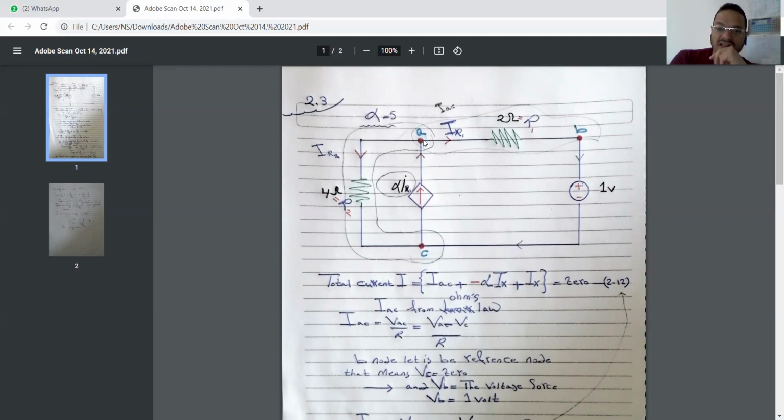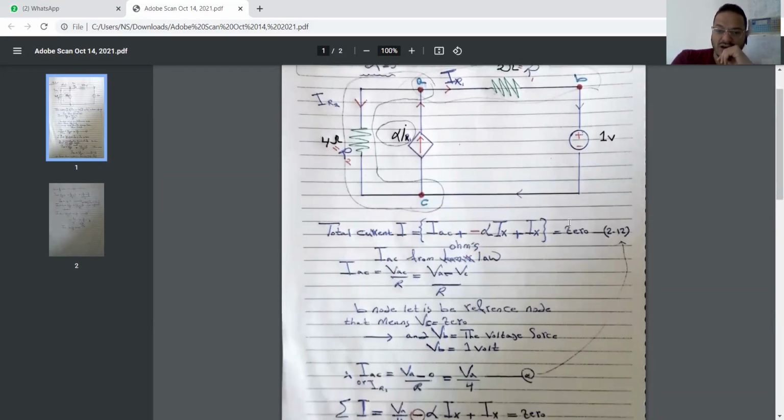And what does that mean? That means VA minus VC, because this current is between two different potential points, A and C. Because of that, VAC divided by R equals VA minus VC divided by R.